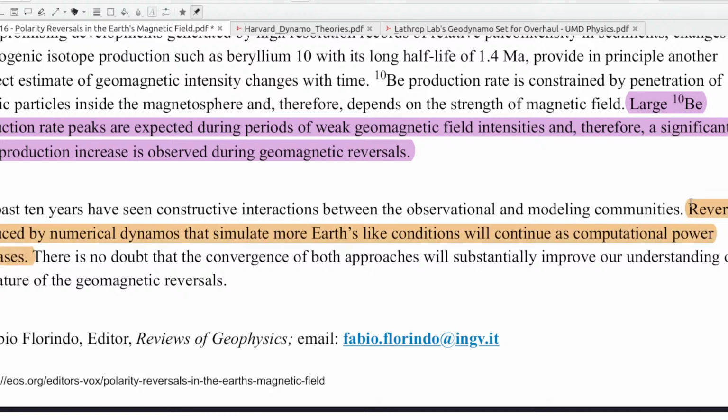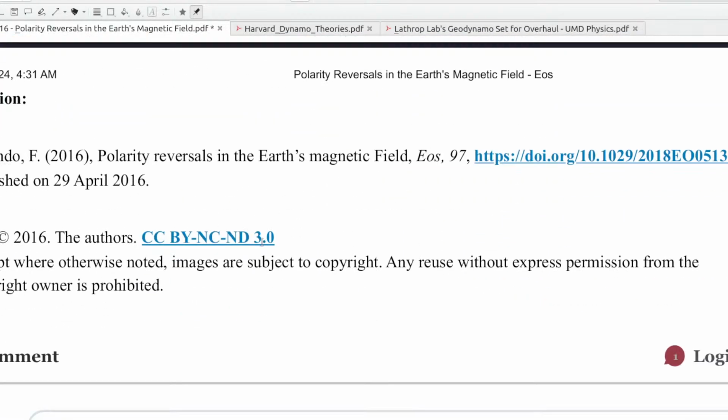You throw a bigger computer at it, you'll find all kinds of geodynamo models that align. Yeah, if you focus real hard while you're searching through static noise, it'll look like what you want in the end. There is no doubt that the convergence of both approaches will substantially improve our understanding of the nature of the geomagnetic reversals. So there you go.